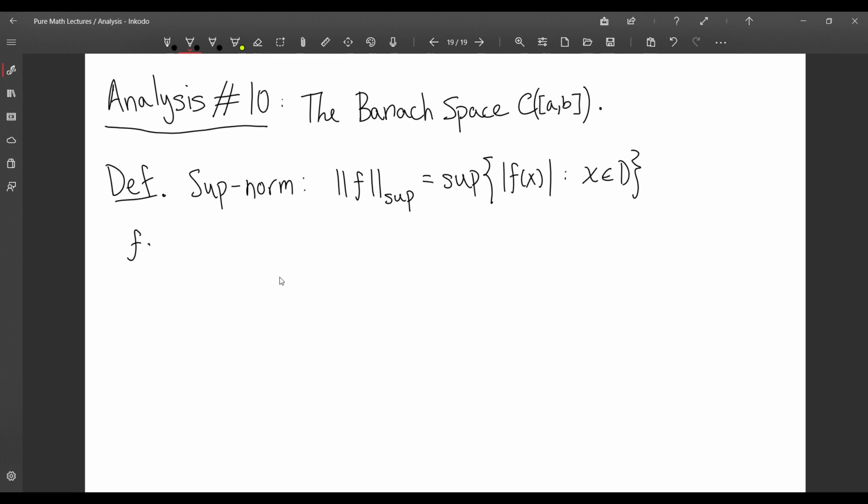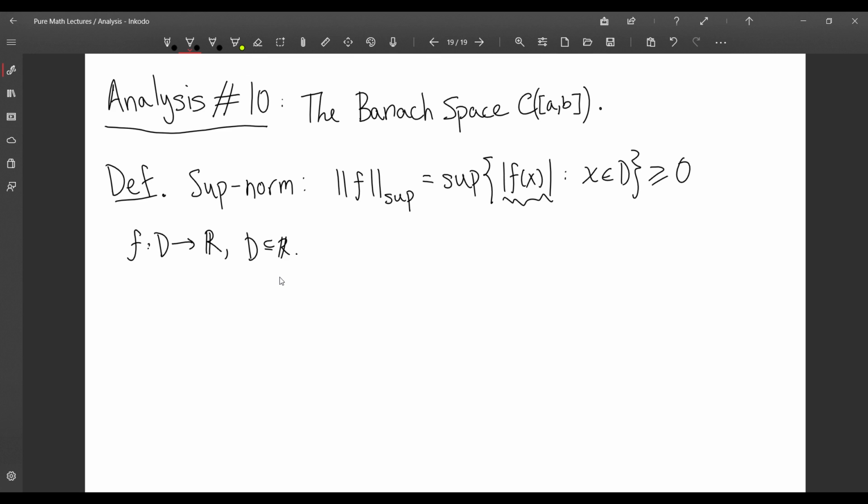So f is just some function from D to R, and D is just a subset of R. Now notice that because we're taking this absolute value here, this value is going to be greater than or equal to 0.